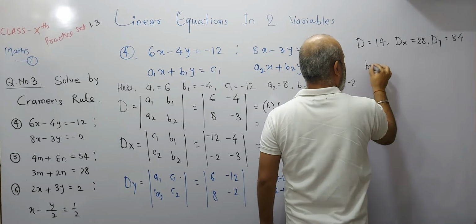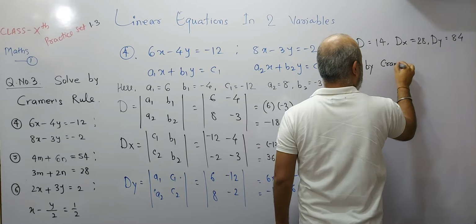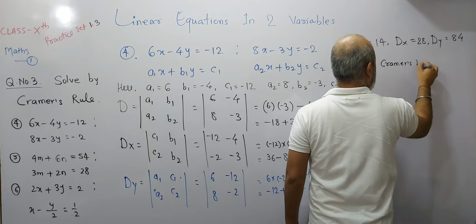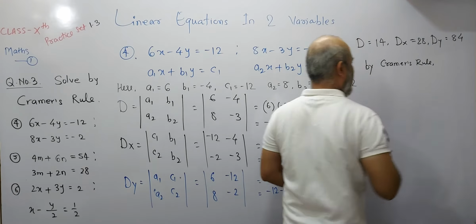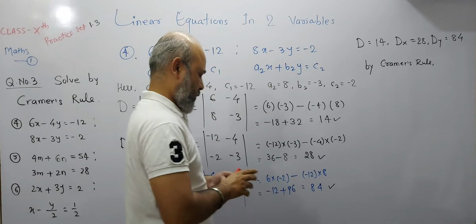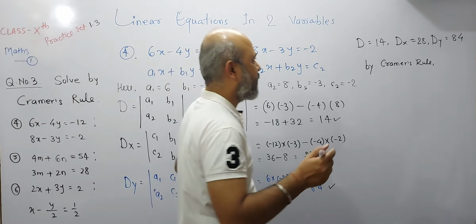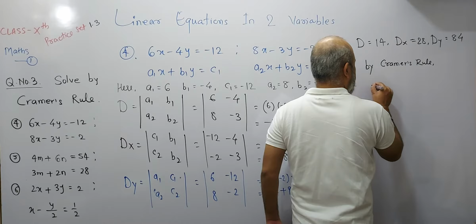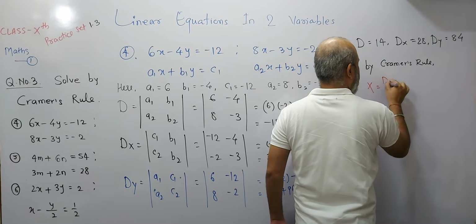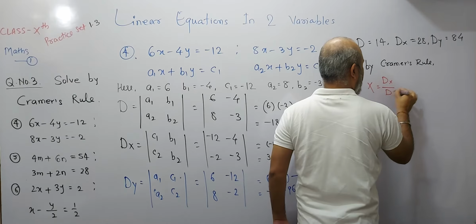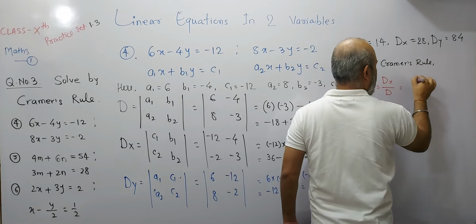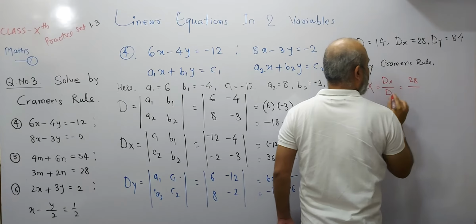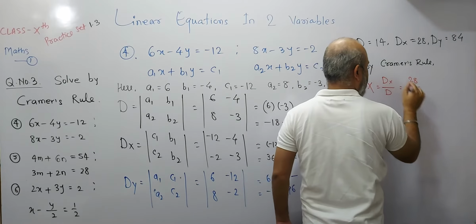And now by Cramer's rule. So how will we write Cramer's rule? So x is equal to what? Dx divided by D. And what is Dx? Dx is 28. 28 divided by D. D is 14.